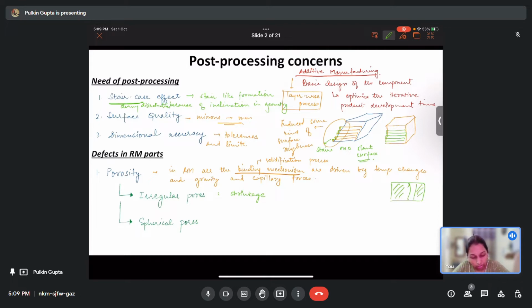So there will be some irregularity in the pore shape, or there will be a pore here, like that. This occurs because of lack of binding or fusion or melting, or material feed shortage.